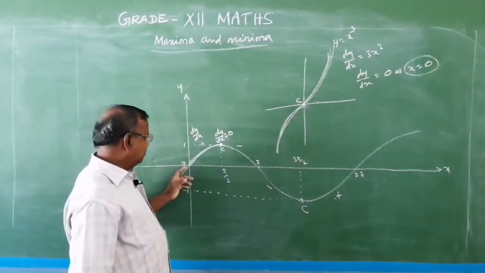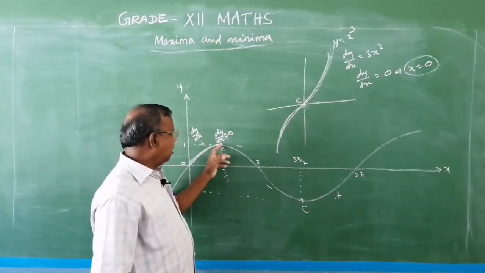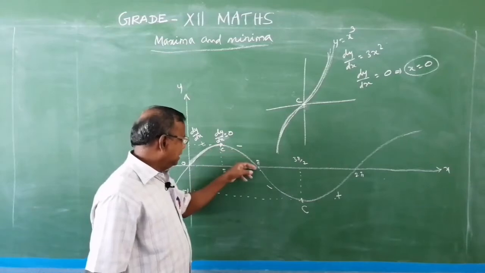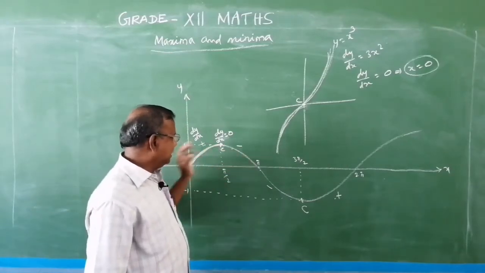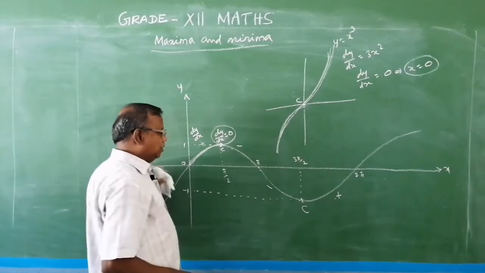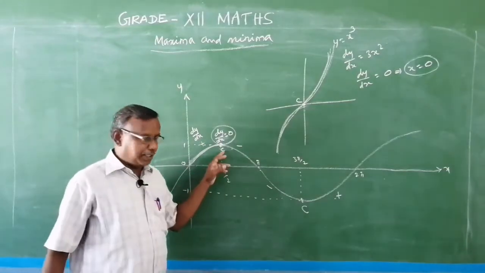Similarly, the slope is increasing up to one point, and after that point the slope is decreasing, I mean the function is decreasing, therefore at that point the derivative is 0. So, this point is called a critical point.